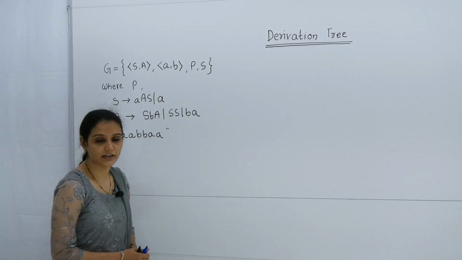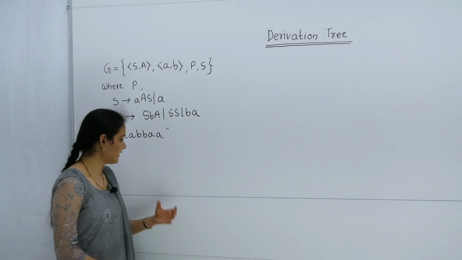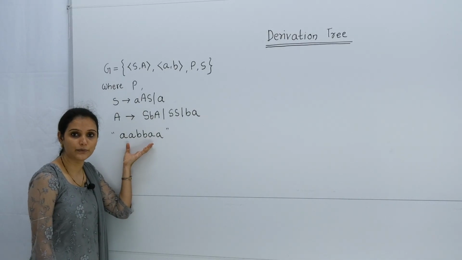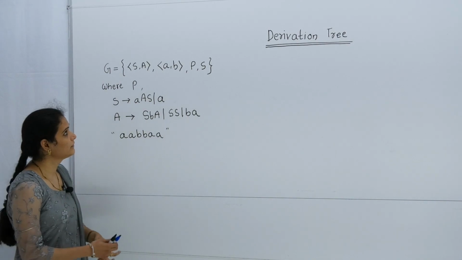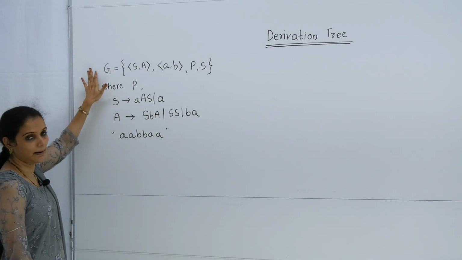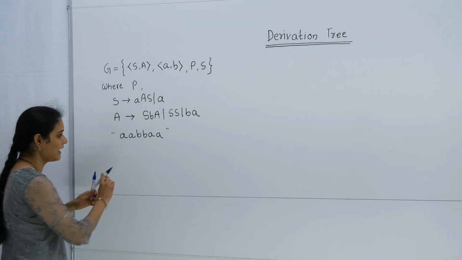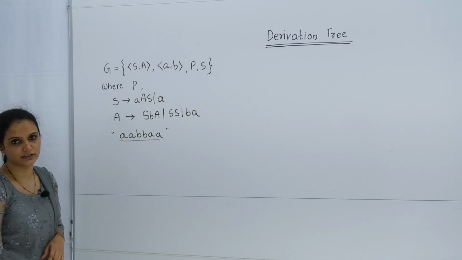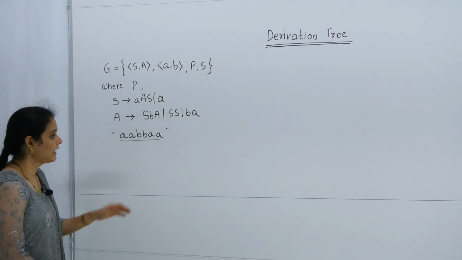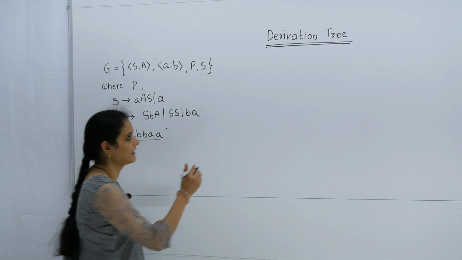A derivation tree is the graphical representation of the strings we have derived by using the different production rules. Here one example grammar is given, the production rules are given, and they have asked for one string to be derived by using the derivation tree. So how can that particular string be derived by using the derivation tree?